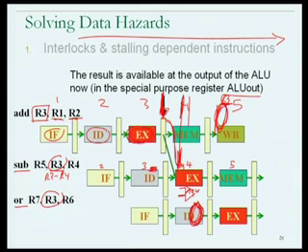Notice that in this diagram, I have not assumed that the subtract instruction is being delayed at all. In the previous diagram, we had the subtract instruction delayed by 2 cycles, stalled by 2 cycles, which is why the OR instruction was safe to proceed through the pipeline on schedule. In this diagram, we are trying to think of a mechanism through which we can avoid stalling the subtract instruction at all. That is why I started with the assumption that the subtract instruction proceeds through the pipeline just following the add instruction.